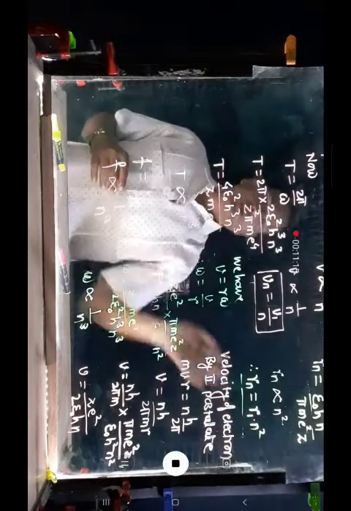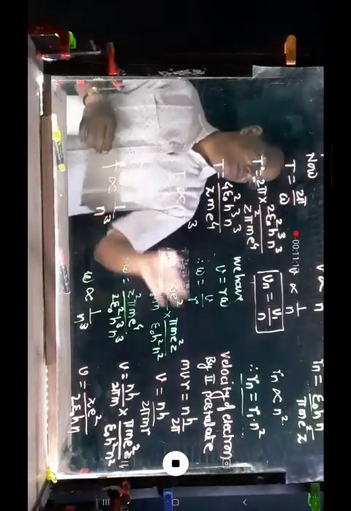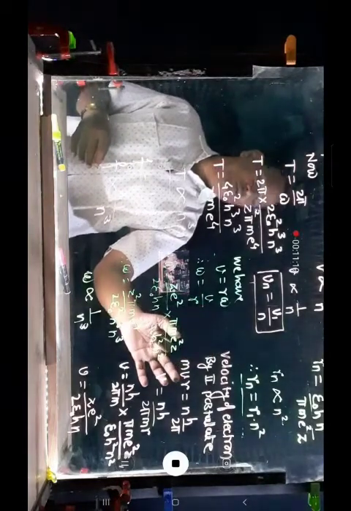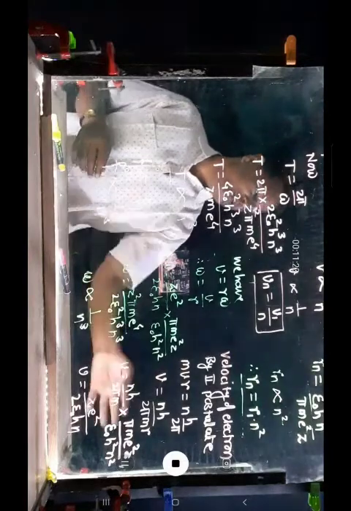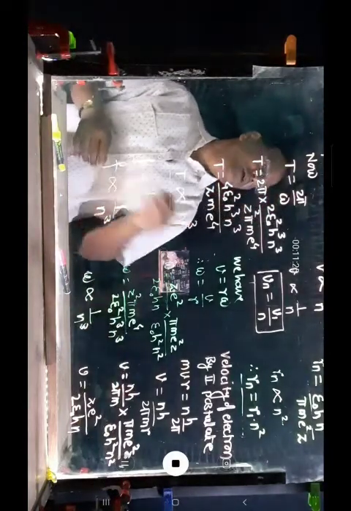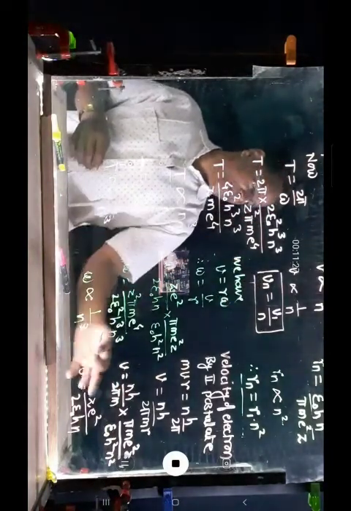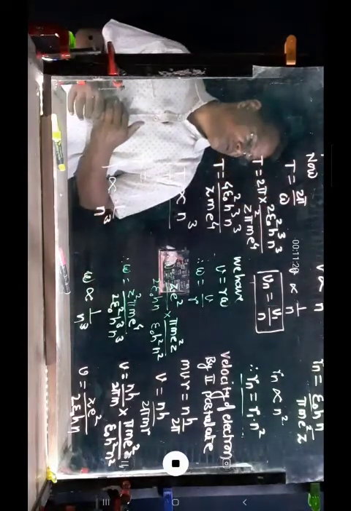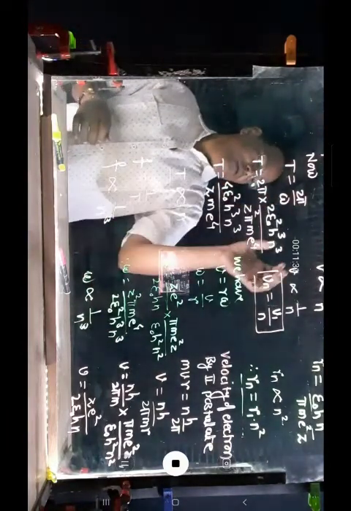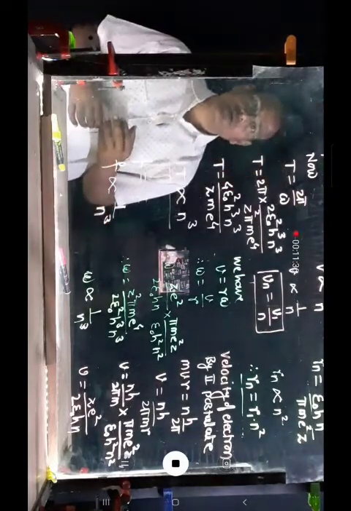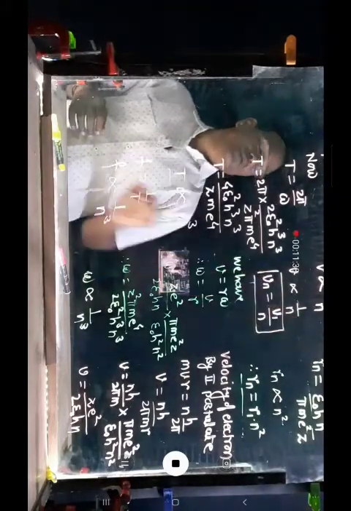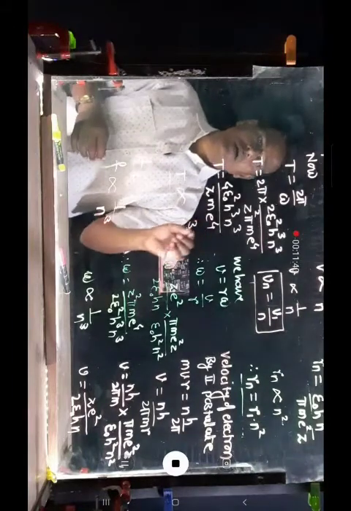We can write the expression for the velocity of the electron by the second postulate. Angular momentum is equal to n into h by 2 pi. Velocity can be written using the expression for the radius: velocity equal to Z into e square upon 2 epsilon naught h n. Using the same relation, it is clear that the velocity of the electron in Bohr's orbit is inversely proportional to the principal quantum number.